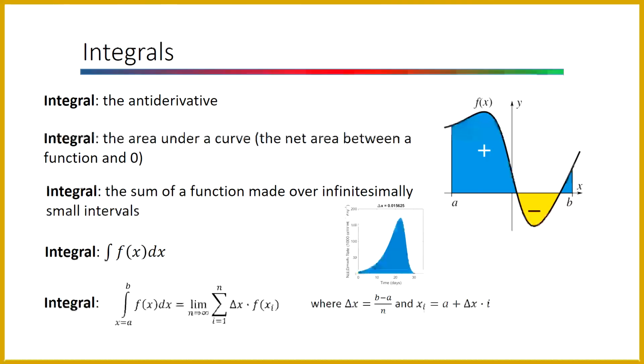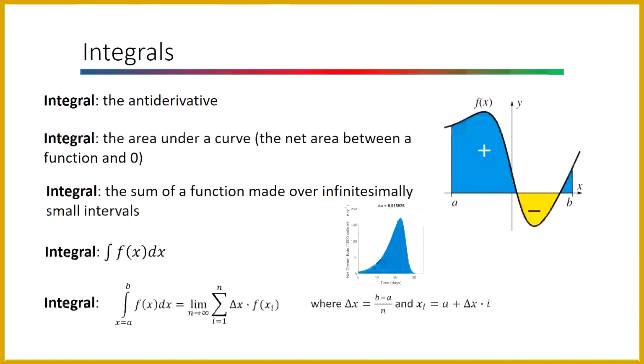And that little dx tells us that we are integrating over the x variable, while also allowing us to make some specific manipulations of our equation that we may need to use in differential equations. So don't ever leave that dx out of your equations. You would definitely lose points on the exam if you did.